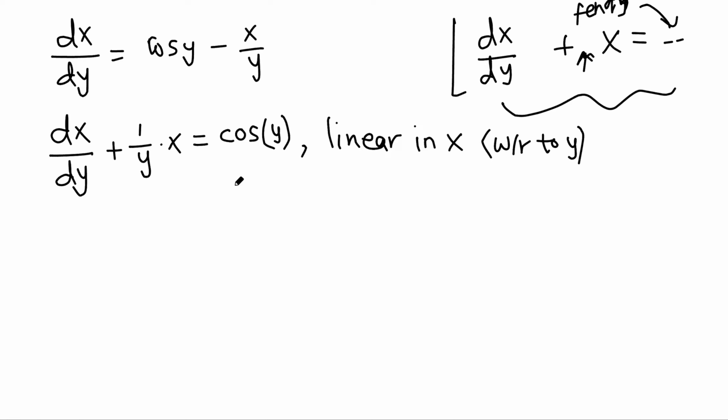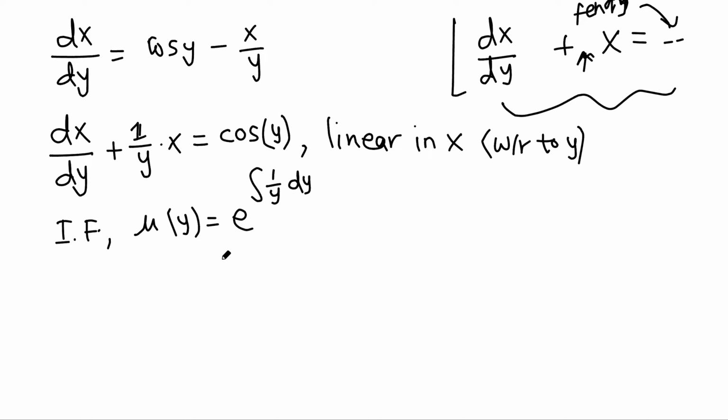To solve a linear, we find the integrating factor. Let me write the integrating factor mu of x, but here y is the independent variable, so mu of y equals e raised to the integral of P(x) dx. But in our case it will be P(y), the function 1 over y dy.